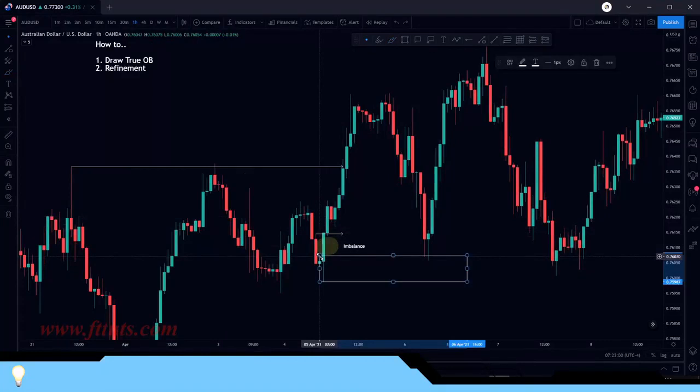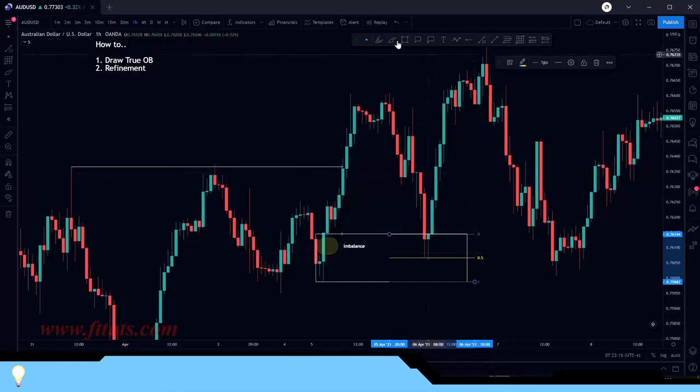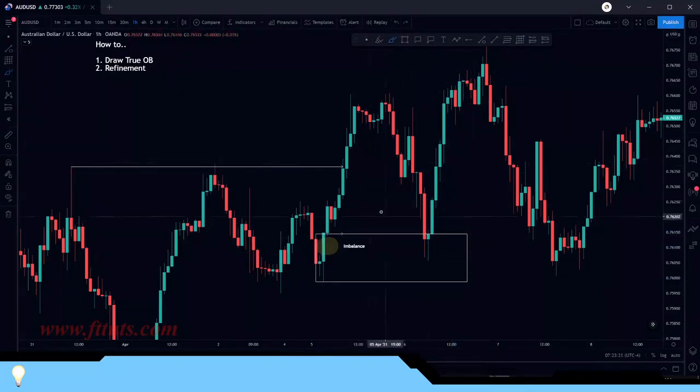Based on the theory we've seen, we can enter in two ways. We can either enter at the proximal point or the equilibrium. In this case, we'll just assume that we're always entering on the proximal point of the order block, just so we can see the difference between the true order block and the refinement.